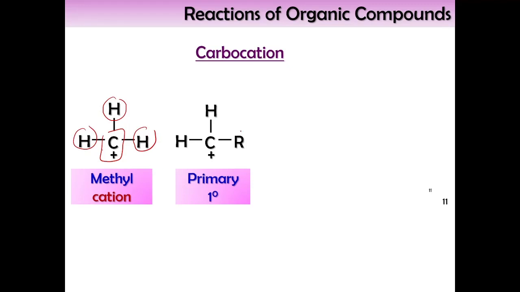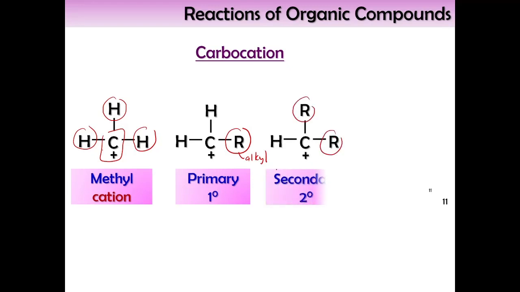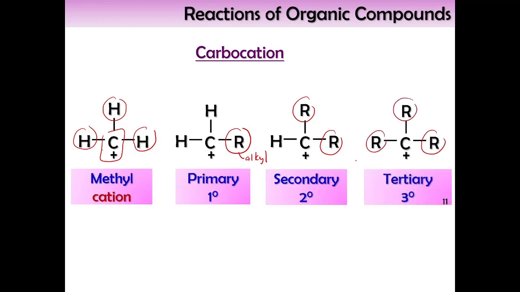And this one has one R. R is alkyl, a carbon chain. When carbon is attached to one alkyl group, it is primary, so this is a primary carbocation. When you have two, it becomes a secondary carbocation, and if you have three, it is a tertiary carbocation. After this, we are going to relate to stability.